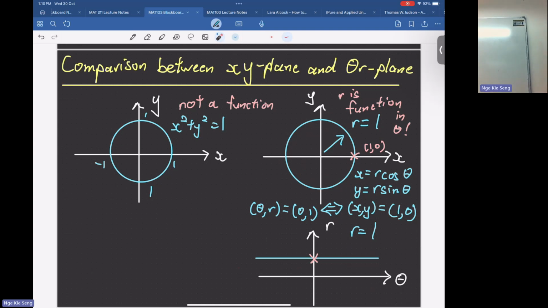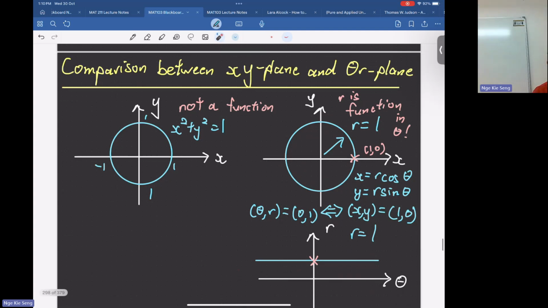Negative theta means what? So theta is going clockwise or anti-clockwise? Anti-clockwise. So negative theta, what is the not anti-clockwise? Clockwise? Okay. So if you go clockwise, what happens?